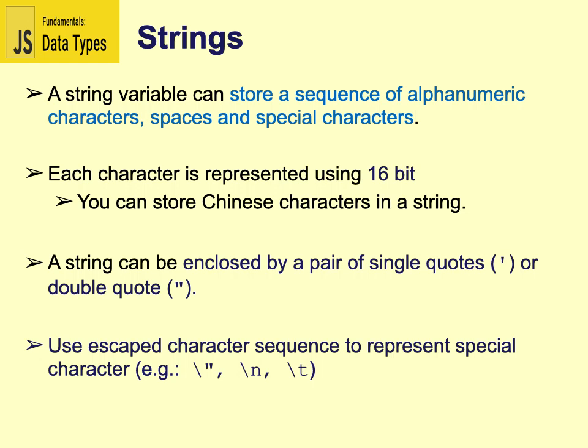Suppose you need to display a single quote or double quote as such, we will remove the special meaning of the single quote or double quote by using a slash. So slash double quotes will remove the special meaning of the double quote. For new line, slash n. For a tab space, slash t. These are the representations or codes for getting a particular value.